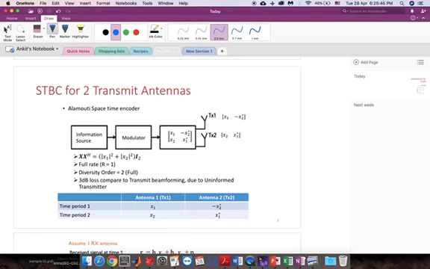In the first time period, transmitter 1 transmits x1, transmitter 2 transmits x2, and in the second time interval, transmitter 1 transmits minus x2 conjugate, and transmitter 2 transmits x1 conjugate.